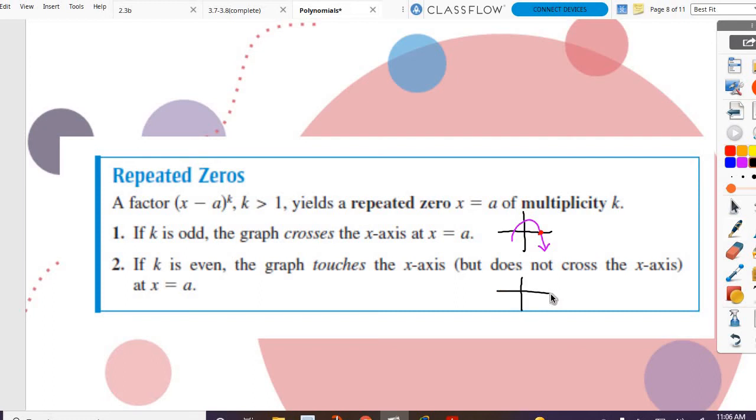If it's repeated an even number of times, so like it's squared, like on our last one, what 0 would be, it's just going to touch the x-axis, but then come back up. So it doesn't go through it. Are we all okay with that? Again, we're just learning some properties to help us be able to graph things and to look at graphs and determine what the equation might be.